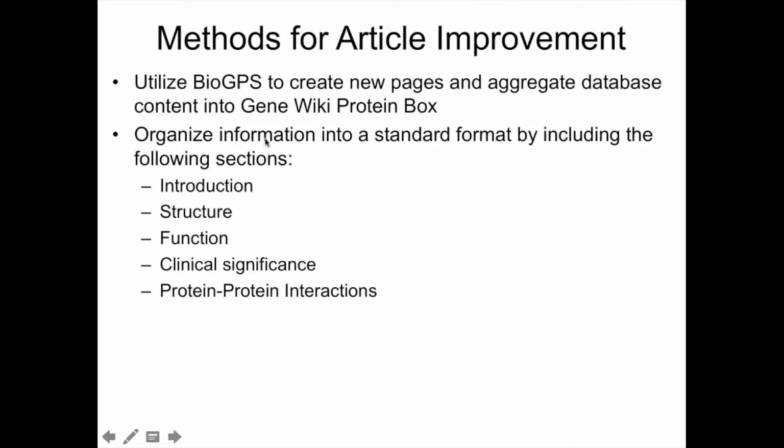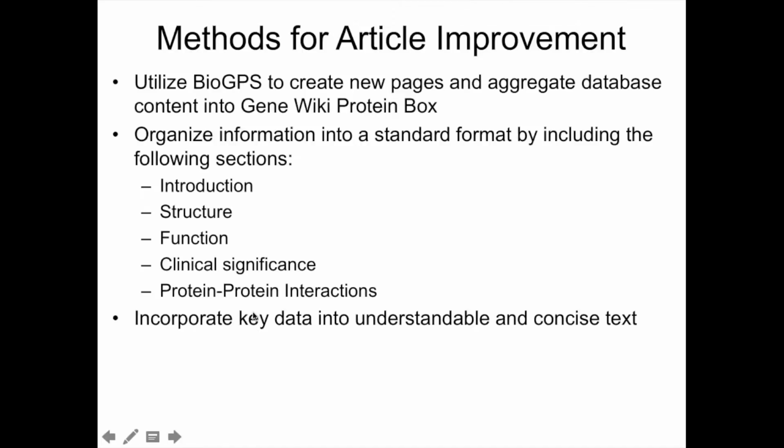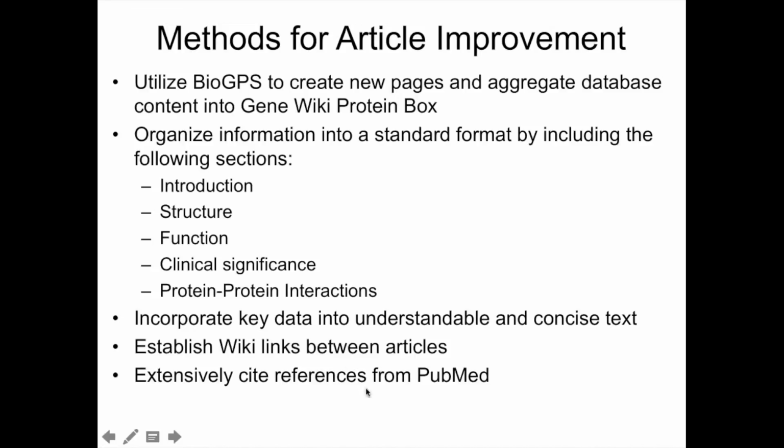Then we organize this information into these sections: introduction, structure, function, clinical significance, and protein-protein interactions. Then we write each section, and we wiki link diseases and concepts between Wikipedia articles. And then we put a significant amount of effort into extensively citing references from PubMed to facilitate knowledge access.